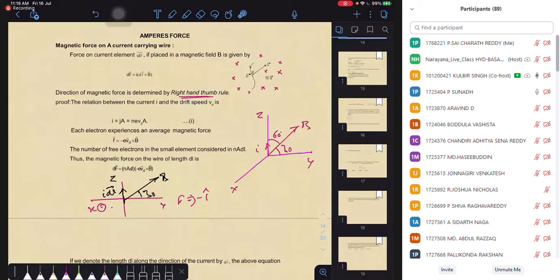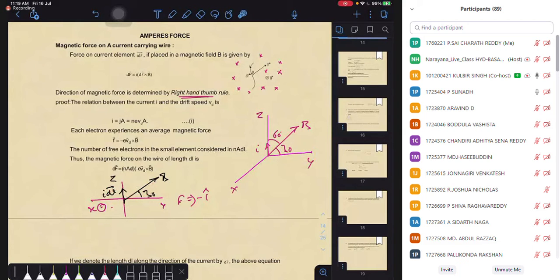But where is my x-axis? If you think from this YZ, my x is outward. So x is a dot. Okay? X here is a dot. And to get the cross product, you have to rotate the finger from Z toward the B, current to magnetic field.